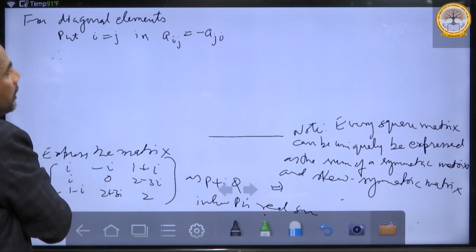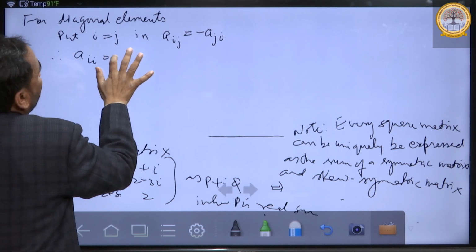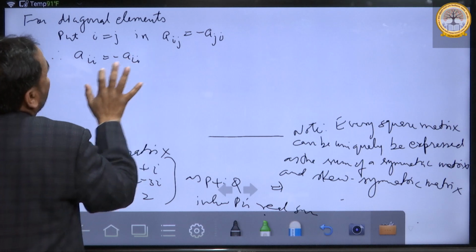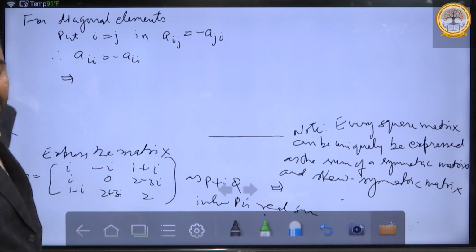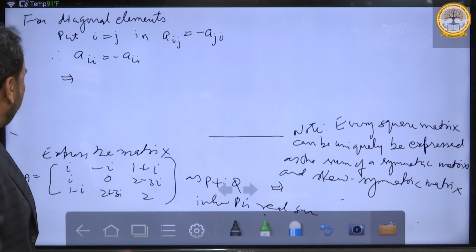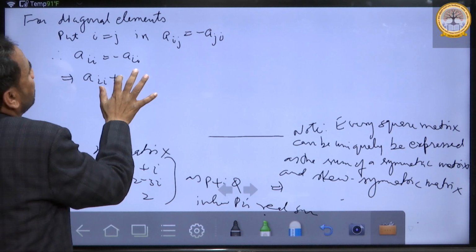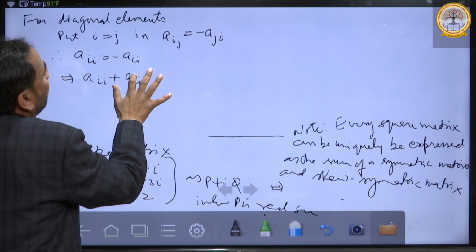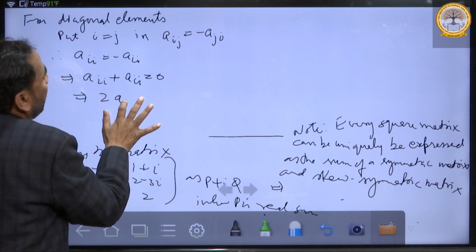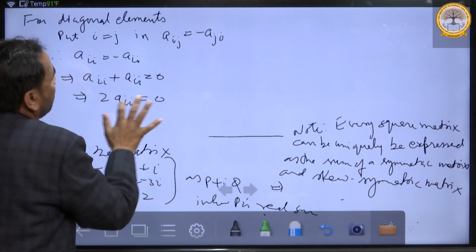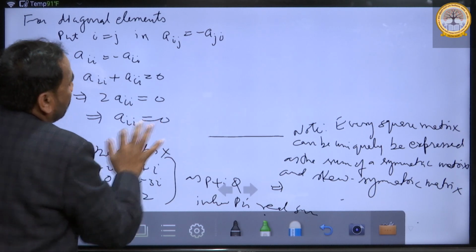Therefore Aii is equal to minus Aii, implies that Aii plus Aii is equal to 0, implies that 2Aii is equal to 0. It means that Aii is equal to 0.